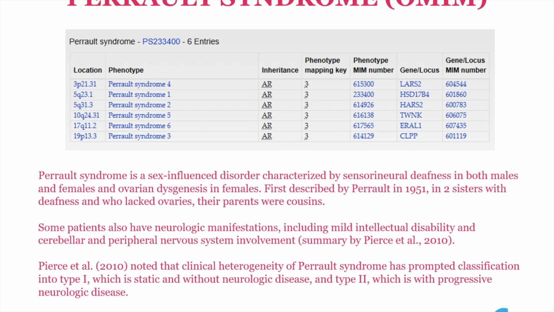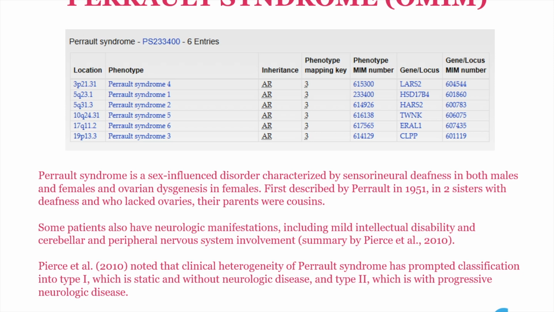parents were cousins. Now, some people with these gene mutations have neurologic manifestations, including mild intellectual disability and cerebellar and peripheral nervous system involvement. But this was noted by Pierce et al. This is a paper that was published in 2010. But Pierce noted that Perrault syndrome was very heterogeneous.